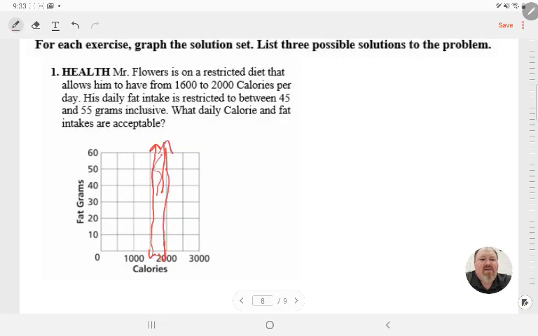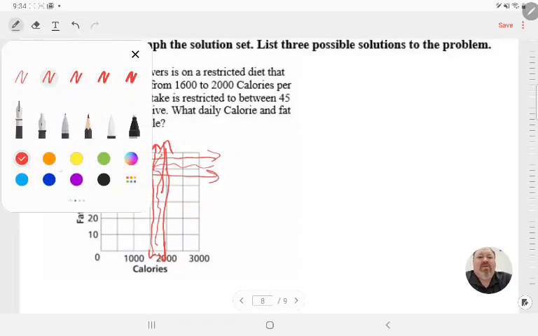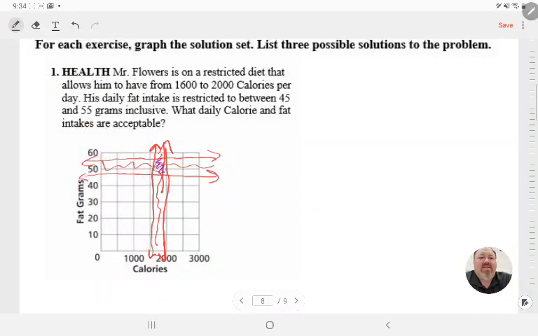And it's all this area in here, okay? And then his daily fat intake is restricted between 45 and 55 grams. So 45 would be here, and 55 would be here, and it would be all this shaded area.